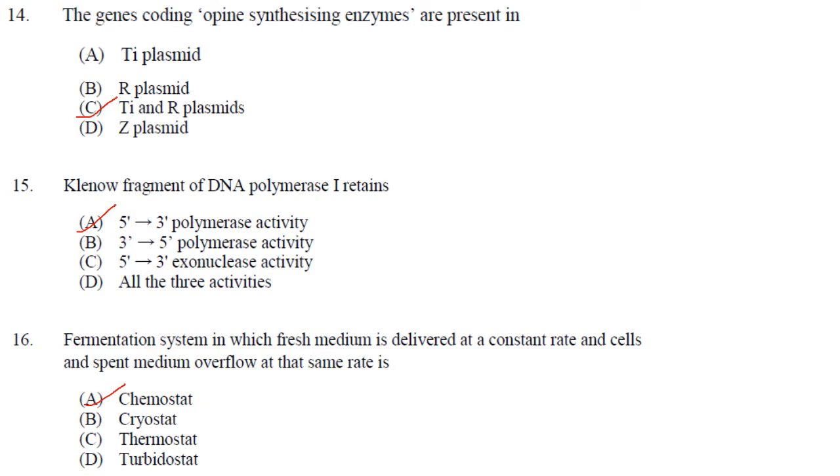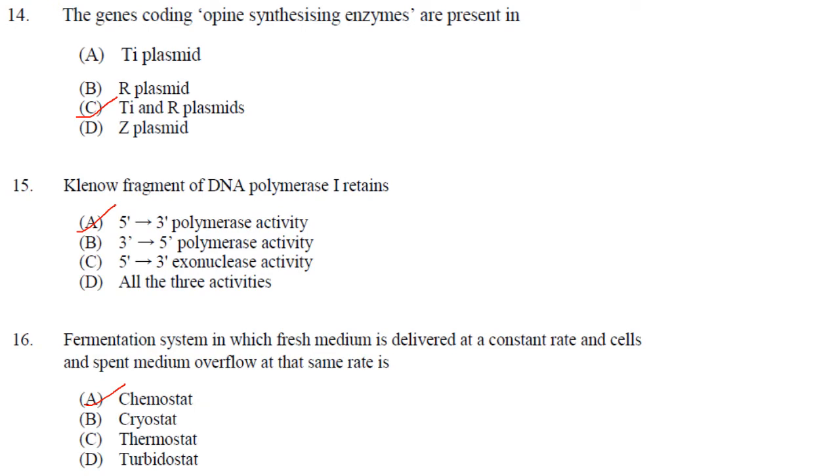The next one. Klenow fragment of DNA polymerase 1 retains. So what is Klenow fragment? It is a large protein fragment produced when DNA polymerase 1 from E. coli is enzymatically cleaved by the protease subtilisin, and it retains 5' to 3' polymerase activity and 3' to 5' exonuclease activity, but it does not have 5' to 3' exonuclease activity.